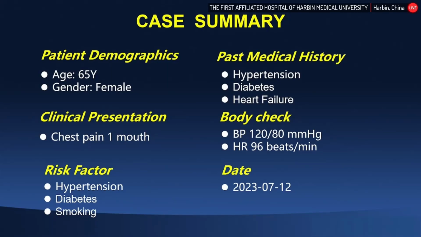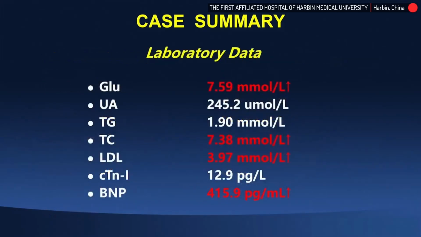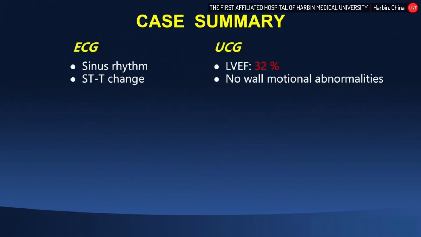Her blood pressure and heart rate were normal at admission. Laboratory examinations showed elevated levels of blood glucose, total cholesterol, LDL, and BNP. An ECG shows a significant STT change.